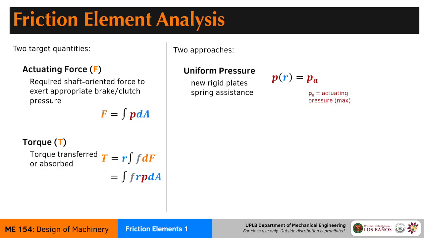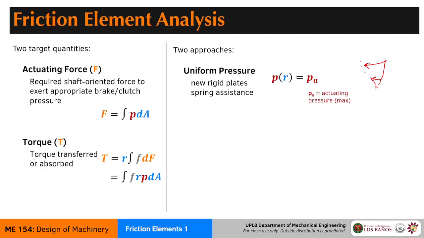Now, the other method of analyzing friction elements is by assuming that the element itself has worn down. So, for example, if you know your torque, all right, so we can draw. As you go further away from the center, the torque actually increases.